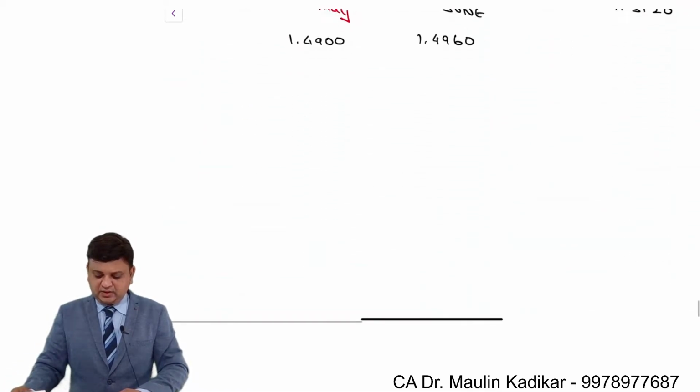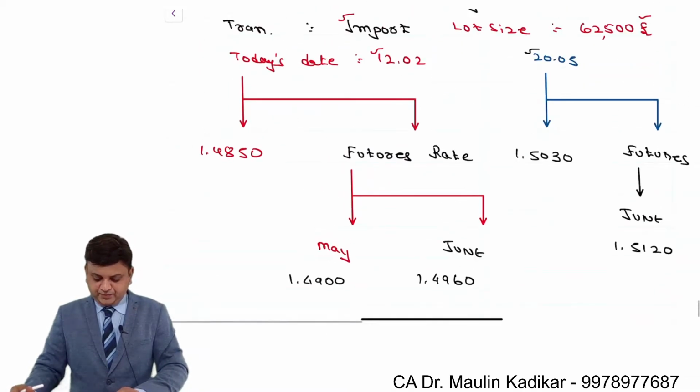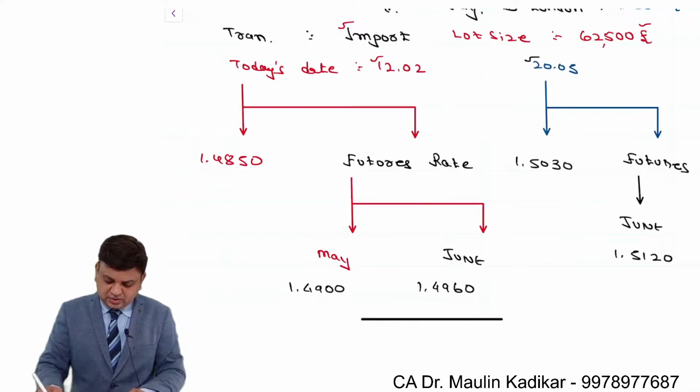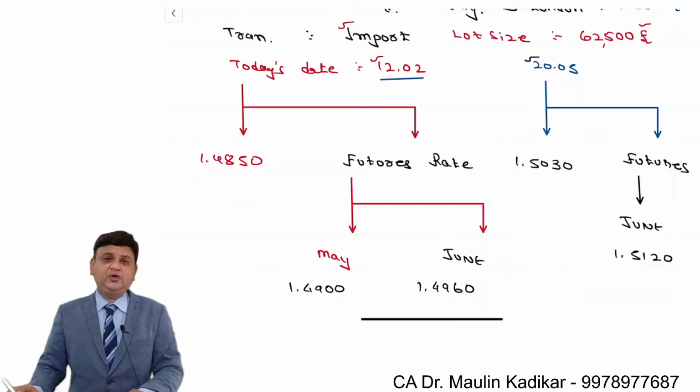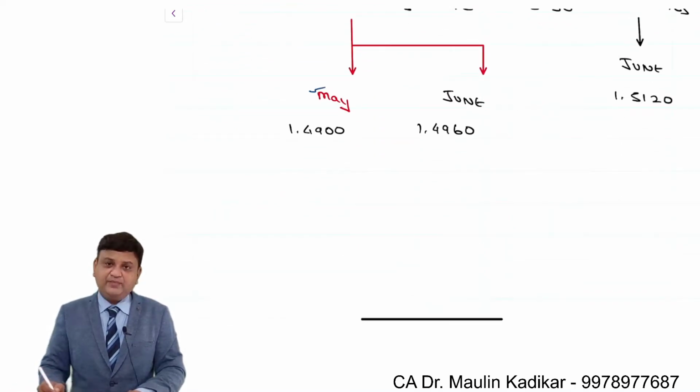So friends, over here, how we are required to calculate the answer, let us see. Today, that is on 12th of February, we have to enter into the futures contract. We can see that two futures contract rates have been provided to us. One is for the month of May and another is for the month of June.